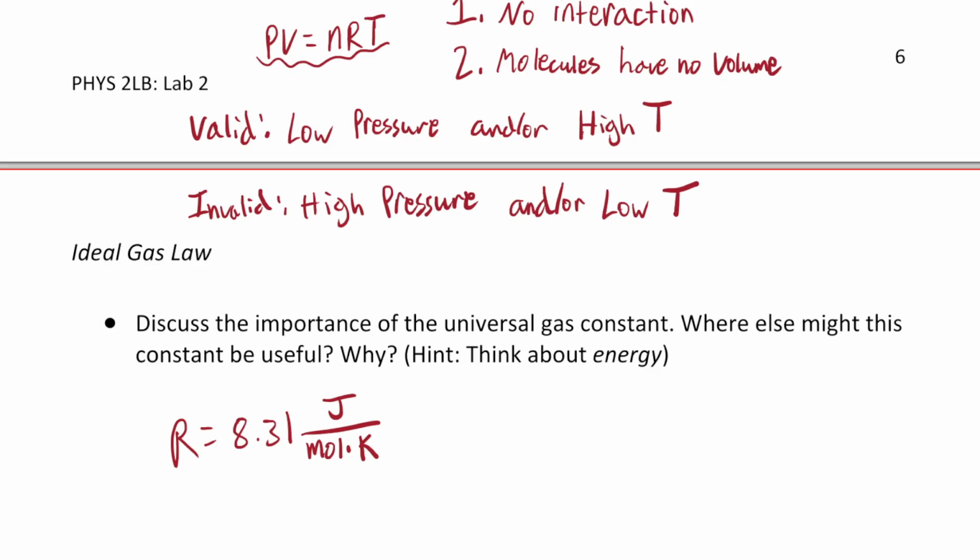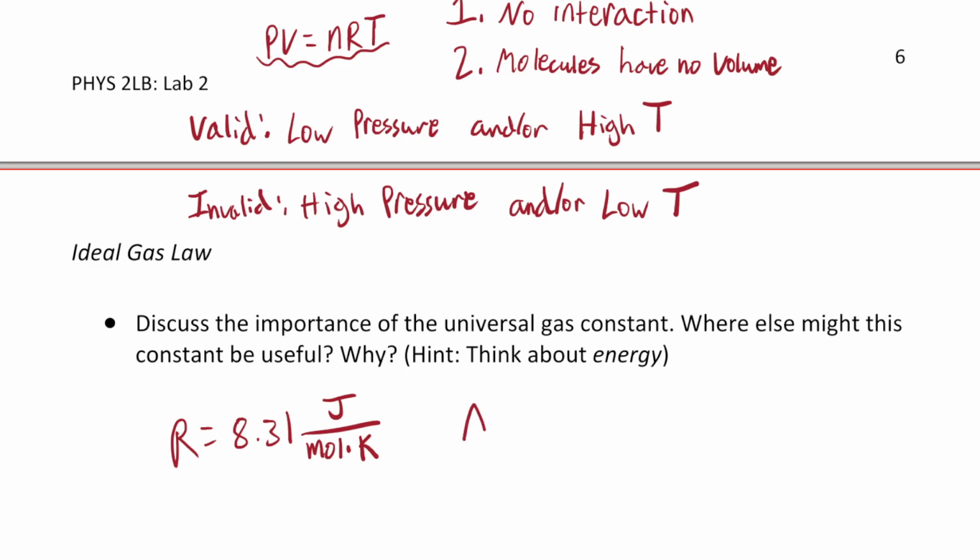So I'll say it again. If you take a mole of gas and you increase its temperature by 1 Kelvin, it will gain 8.31 joules. All right? And so really it's important because it tells us how energy relates to the temperature of a gas and how much of a gas there is.